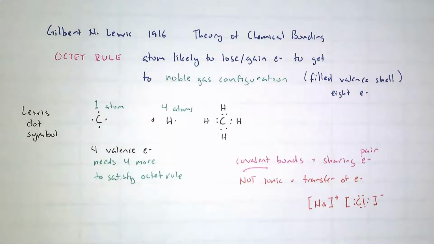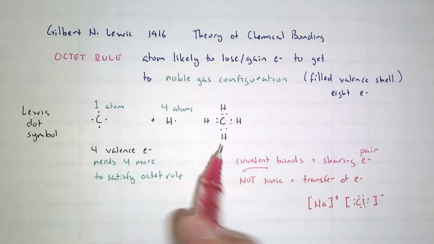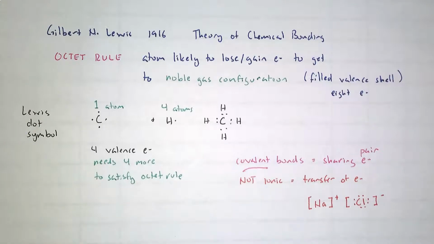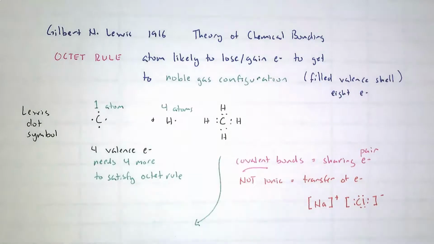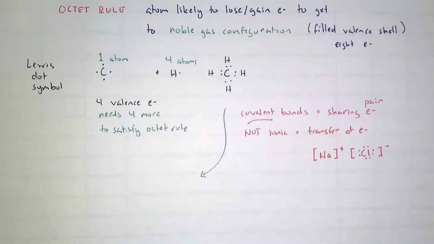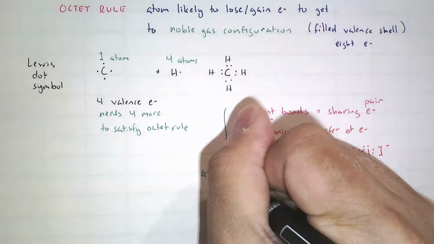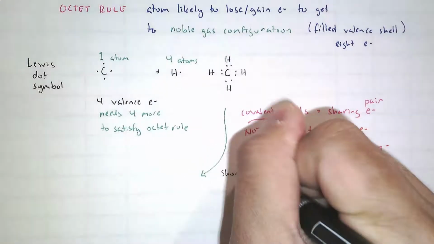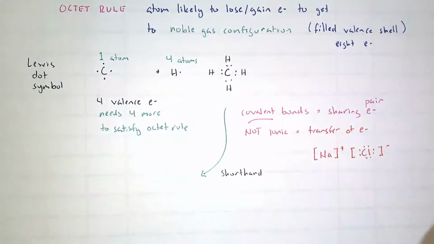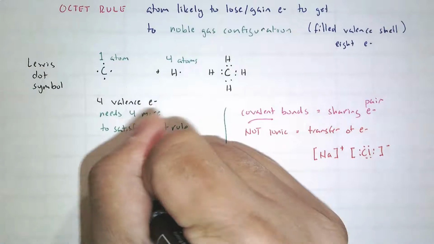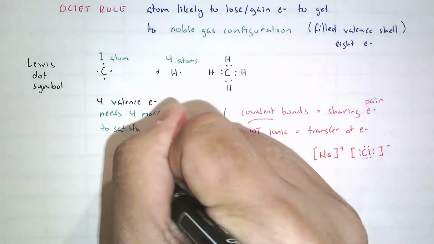Okay. What do we satisfy with this? Again, carbon satisfies the octet rule. So let me draw it down here. There's a shorthand that if you have a bond and it's made of 2 electrons, you could indicate that with a line. So we have here carbon with 4 hydrogens.